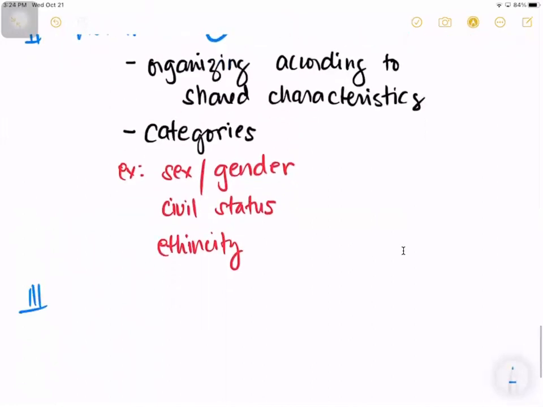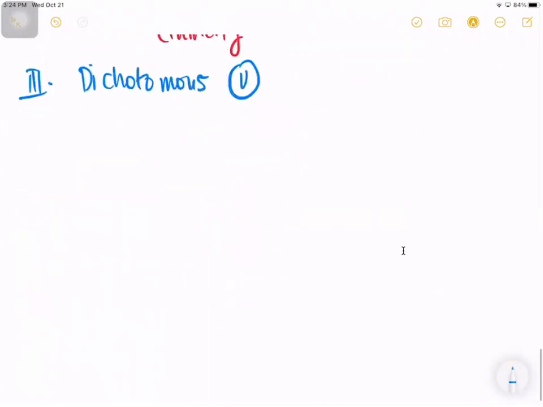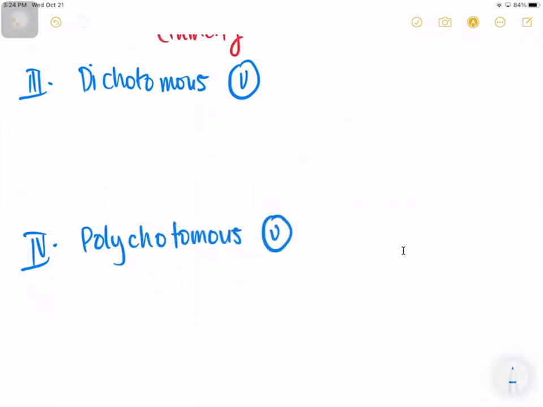Okay, so let's have your number 3, we have your dichotomous variable. And for your number 4, we have your polycotomous variable.